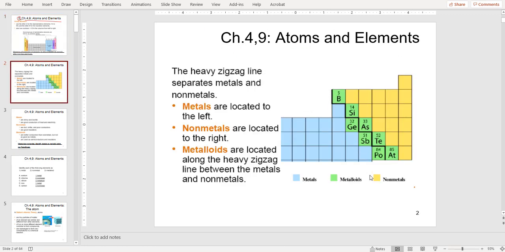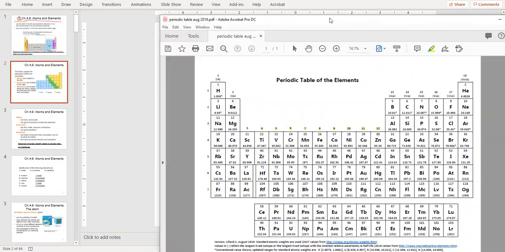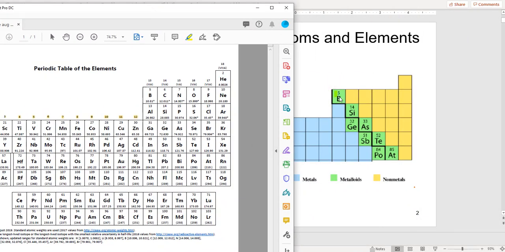Now, looking at your periodic table, you'll notice that there are specific elements that are highlighted.